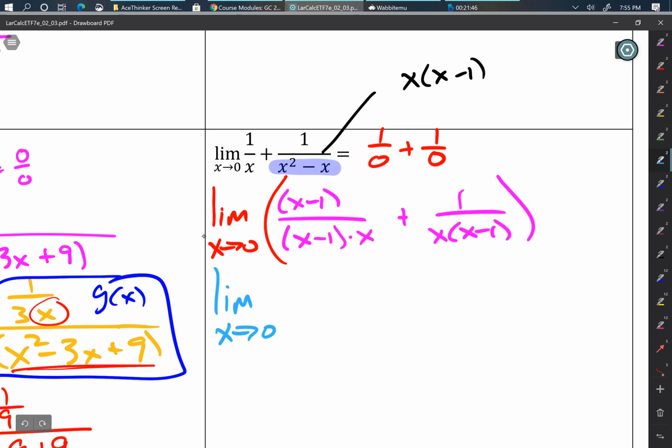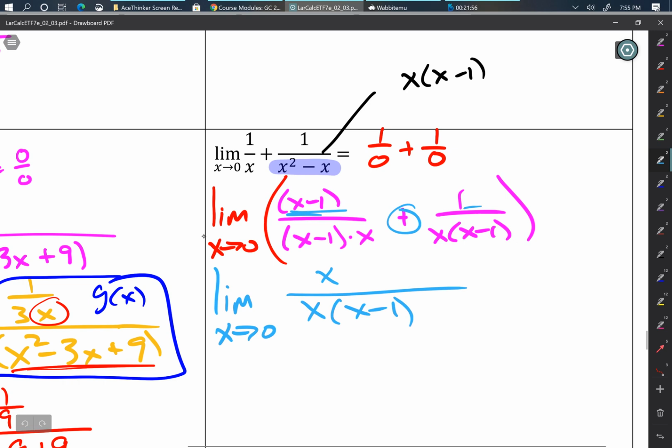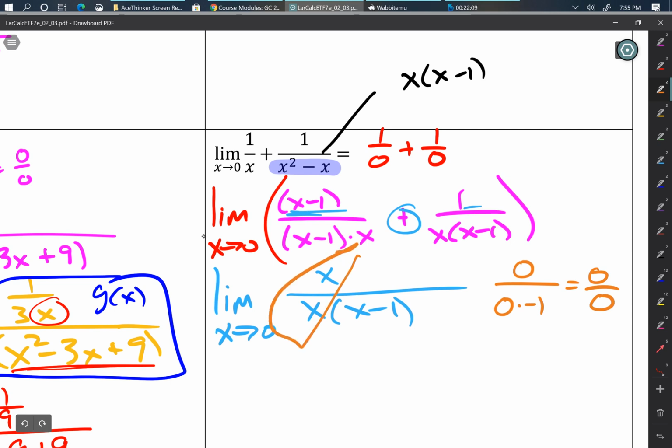And so what's x minus 1 plus 1? And so I'm to the blue. Now if I do direct substitution, 0 over 0 times negative 1, that's 0 over 0. And it's already factored. There's our hole. There's our problem. There's our hole in our graph.